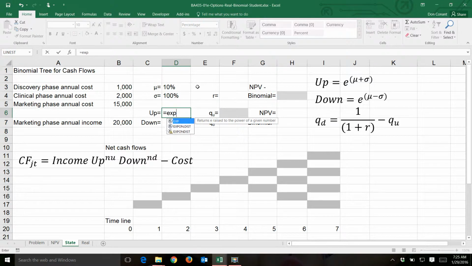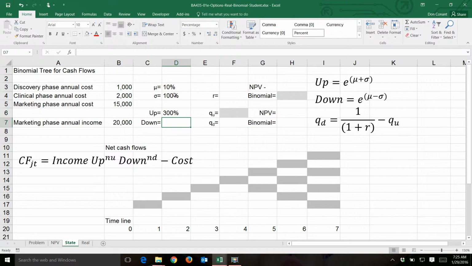EXP(1) gives us E, and then we could raise that to the mu plus the standard deviation, and that will give us the up state. It's 300.4 something percent, but we'll just round it to 300% for the purposes here. Of course, Excel will use the full value in all of its calculations. It just shows the value without decimals in this cell.